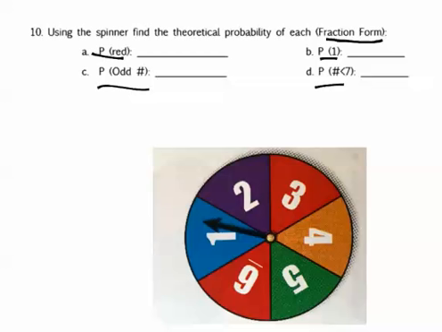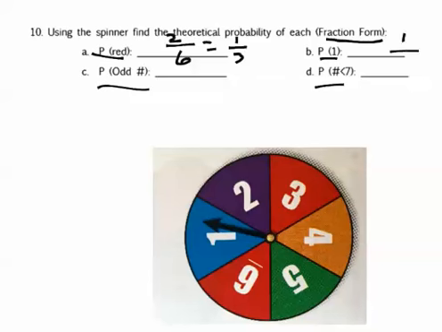Alright, go ahead. Okay, so I hope you definitely paused the video and got some answers for these probability questions. So in theory, if we were to spin a red, well, how many reds are there on that spinner? There are 2 reds, and how many total numbers? 6. That can be reduced to 1/3. Looking at 1, probability of spinning a 1. How many 1s are on the spinner?